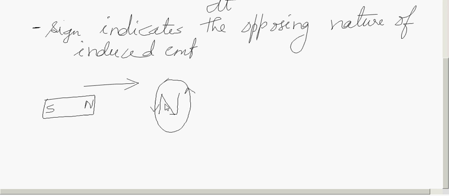Now it is very clear that when the magnet is moved near to the closed loop with the north pole towards the loop, the current produced should be in such a direction that a north pole is induced on this side of the loop. And to get a north pole, the current must be flowing in the anti-clockwise direction. So this is how we can determine the direction of the current using Lenz's law.